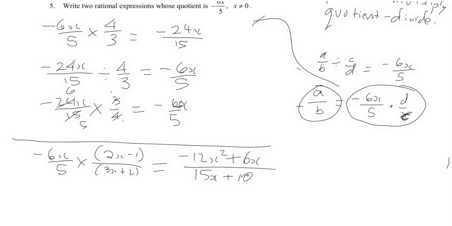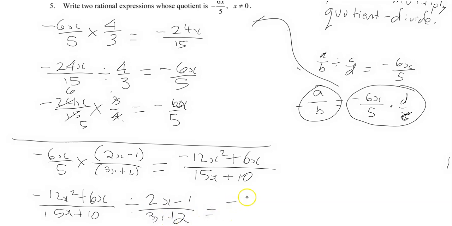Okay, so that's our a over b, right? So if we take negative 12x squared plus 6x over 15x plus 10 and divide that by 2x minus 1 over 3x plus 2, the result will be negative 6x over 5.